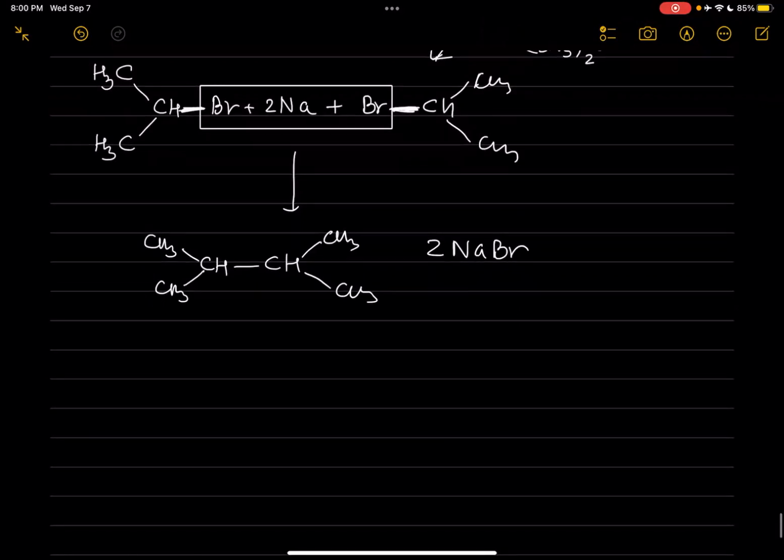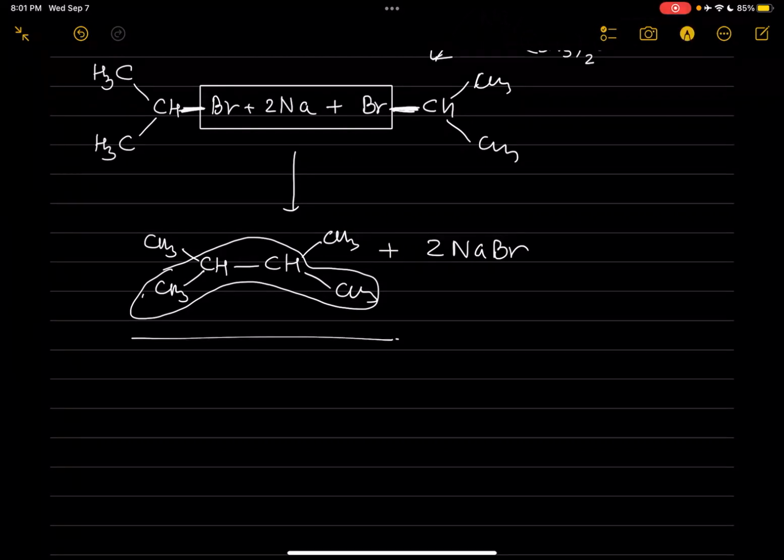So what's the IUPAC name? You need to select the longest chain. Yeah, 2,3 dimethyl butane. Okay.